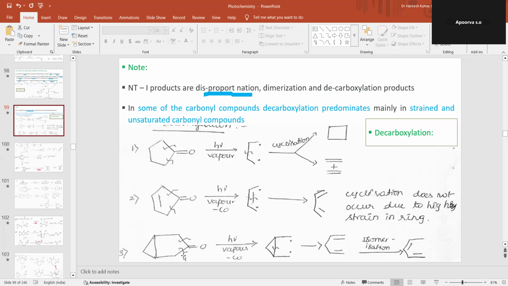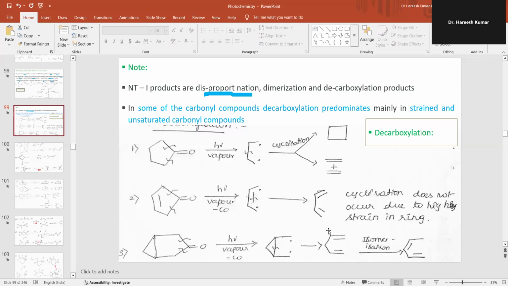So I'm taking one more example, a bicyclic ketone. Alpha cleavage occurs when it is irradiated, forming a biradical. And you know that this sigma bond undergoes homolytic cleavage to get relief from the strain. Then here one radical, here one radical, which means a double bond is formed.